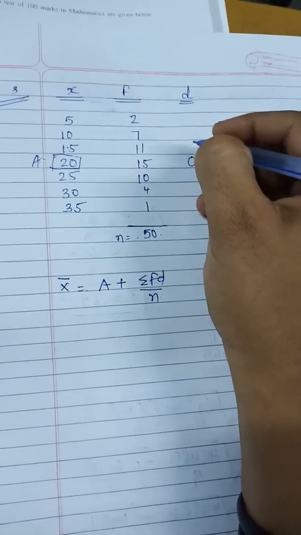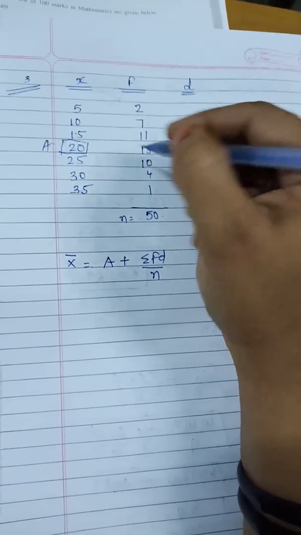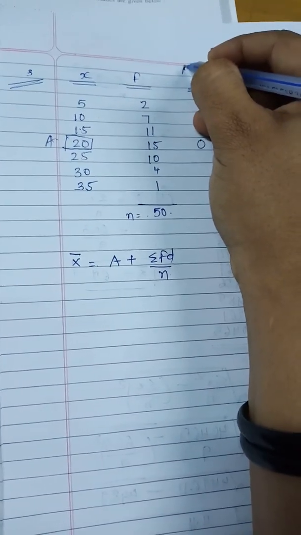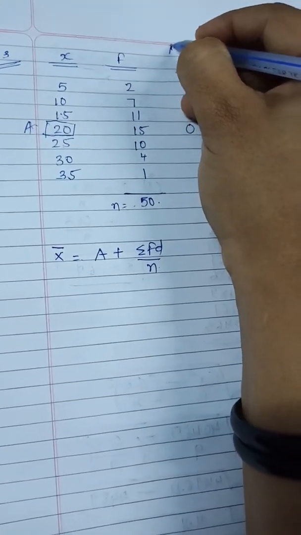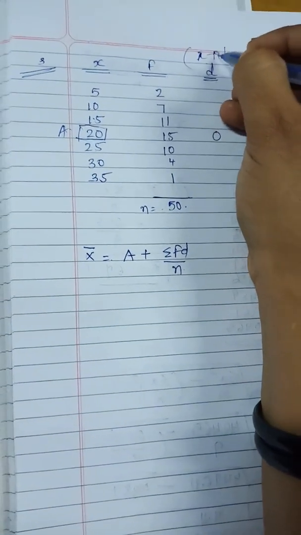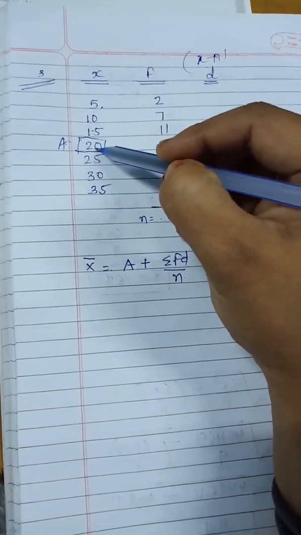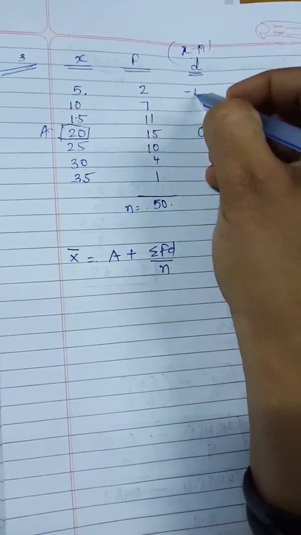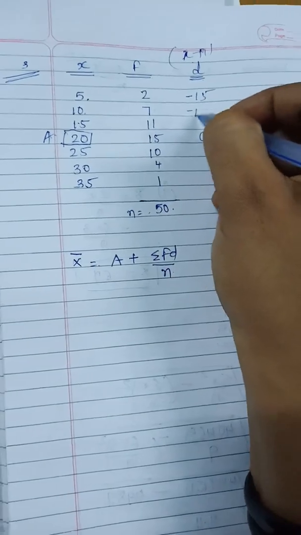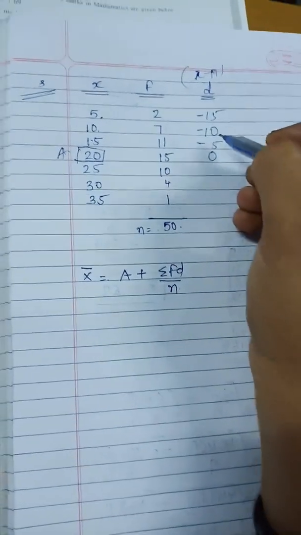Okay, so here when we are taking D, what will it be? Here assumed A, we will be taking the particular term, that is X minus A. So X is 5 minus 20, that comes to minus 15. Then 10 minus 20, that comes to minus 10. 15 minus 20, that comes to minus 5.